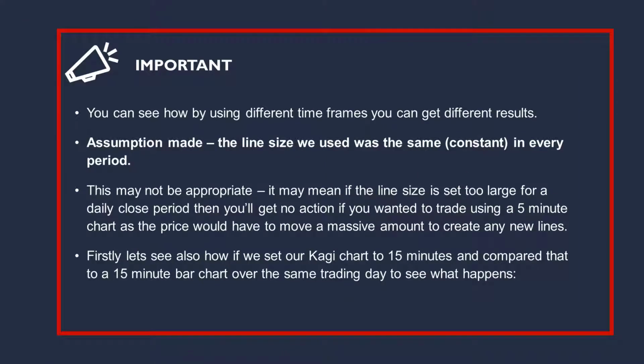Now in our example of the US dollar yen, we kept that line size the same at 0.5 through all those different time periods. We've kept it constant, and that may or may not be appropriate for your trading. A 0.5 move in a 2 minute chart is quite large, and you might not get any action whatsoever, but in a 1 month chart that might be appropriate.